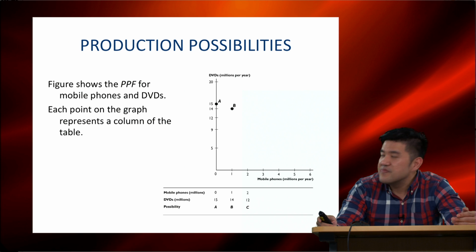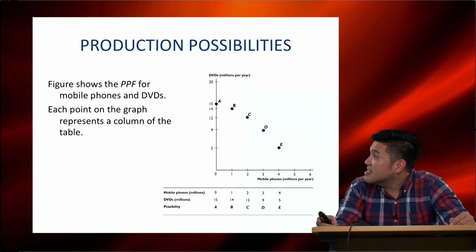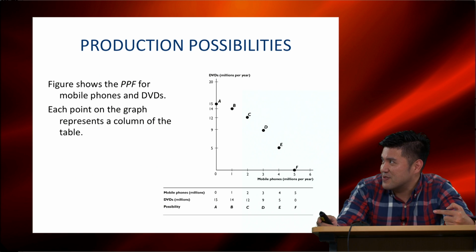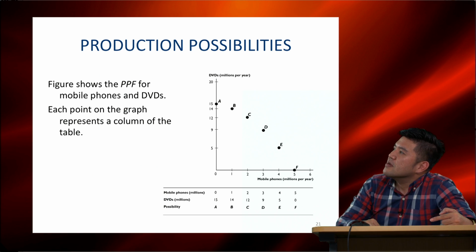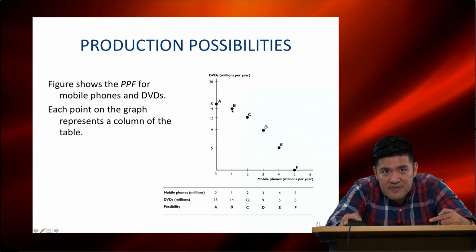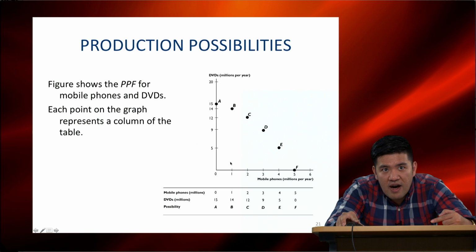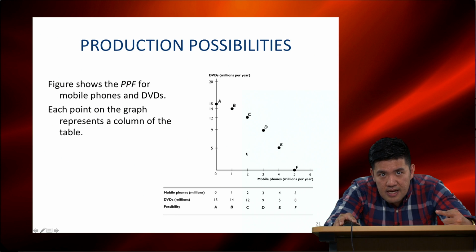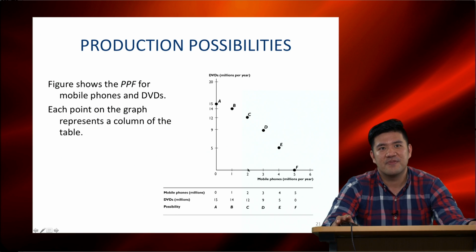At point A, the country can produce 15 DVDs, 15 million per year, but 0 mobile phones. Or the country can choose to produce at point B. Oh, we can use our pointer here. Look at point B. At point B, 14 DVDs, 1 mobile phone. Or the country can choose to produce at point C, producing 12 DVDs and 2 mobile phones, and so on.